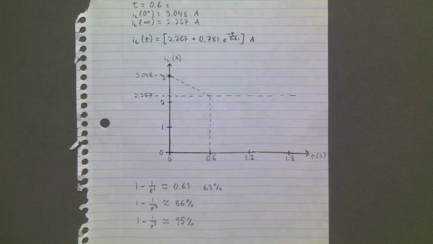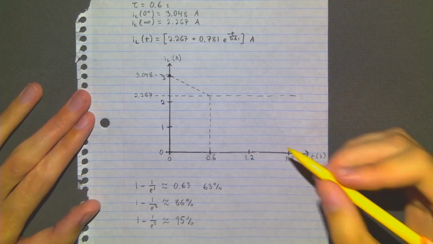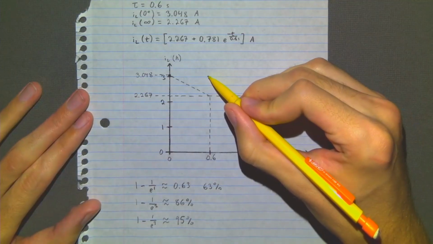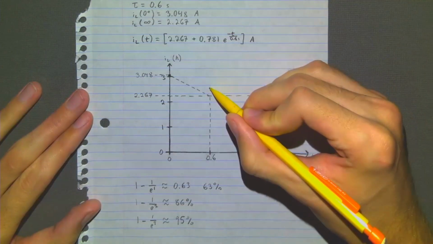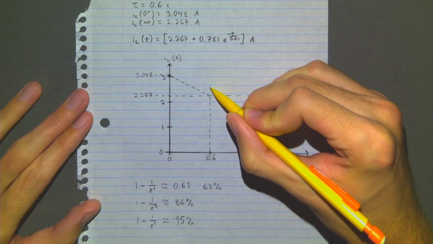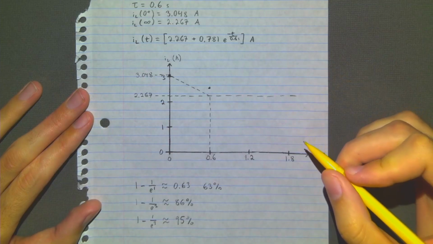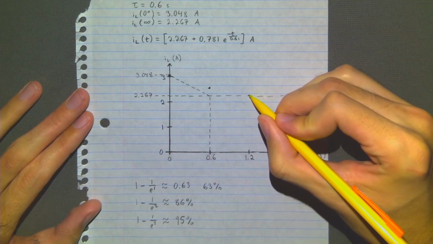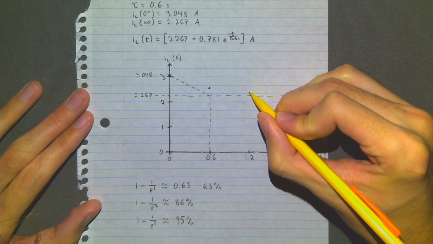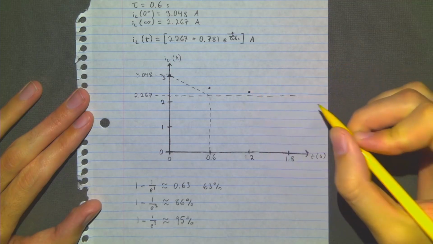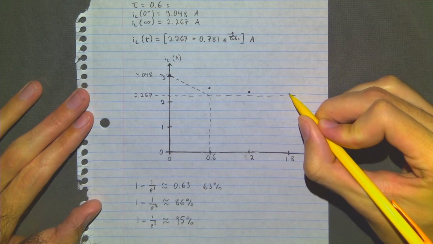And we can mark those points on the plot approximately. So about 63%, maybe about here. 86%, about here. 95%. It's very close to the asymptote.